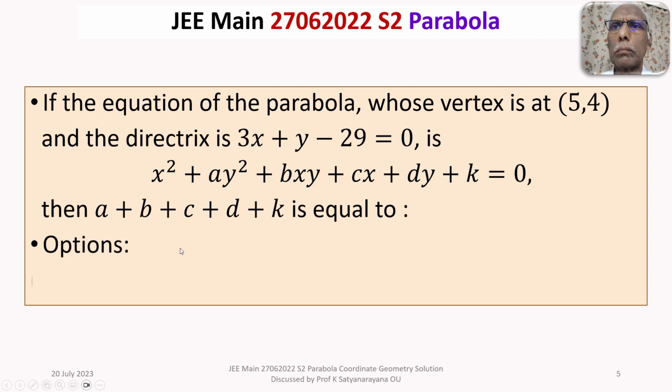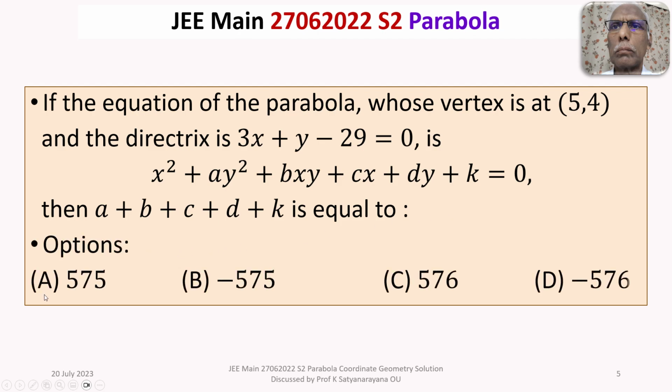We are given four options. Option A 575, option B minus 575, option C 576, option D minus 576.